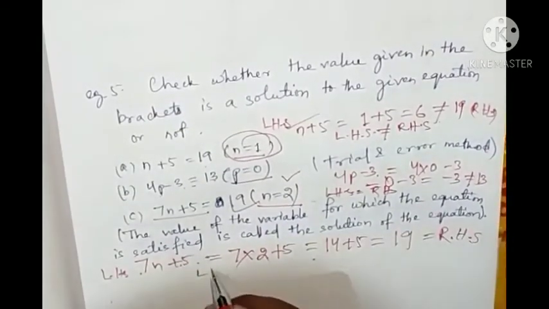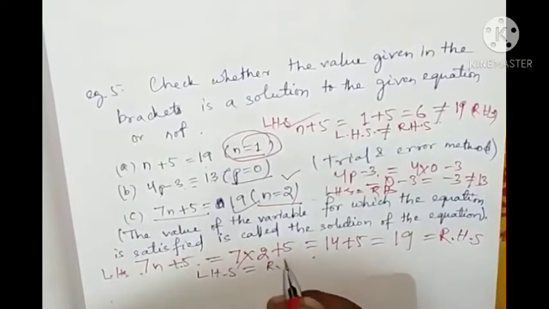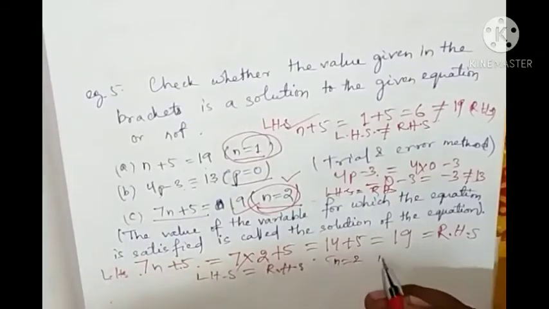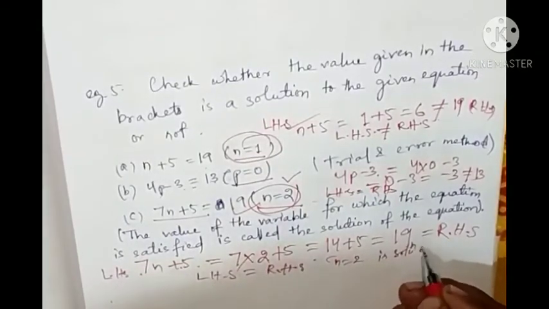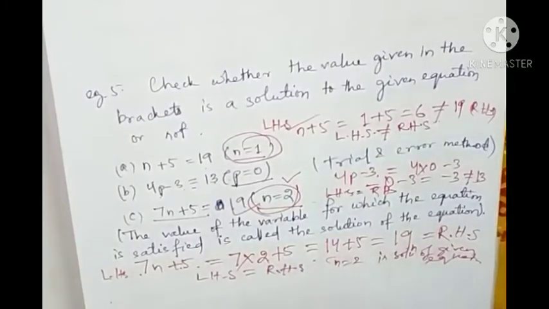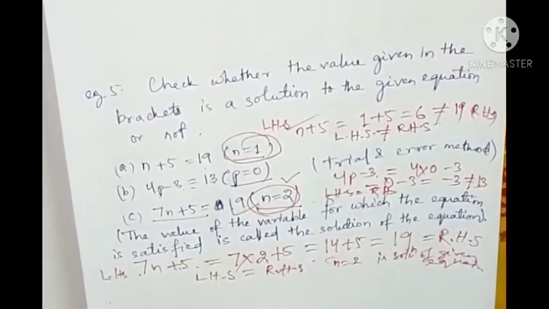So here LHS equal to RHS. So this n equal to 2 is the solution of the given equation. So this is how we will find the solution of the given equation.